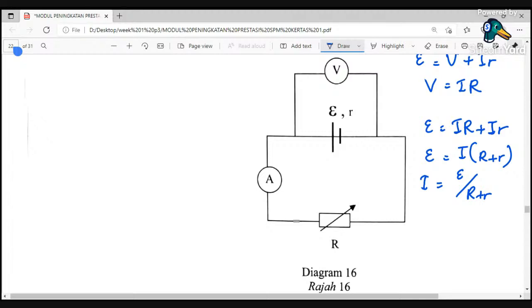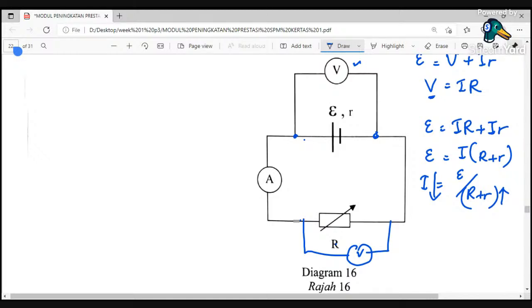Okay, for the whole circuit, for the same value of EMF, when R increase, so this one will cause current to decrease. What is effect for the current to decrease? The reading of the voltmeter V, if we put one more voltmeter here, the voltmeter reading across R equals voltmeter reading across the battery when current is flowing. Ini sama, because they are connected to the same point. So, sama. Okay.